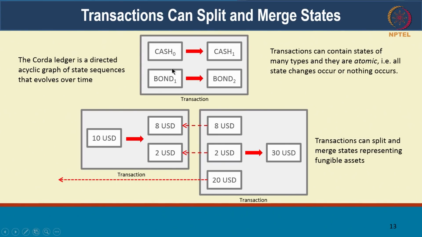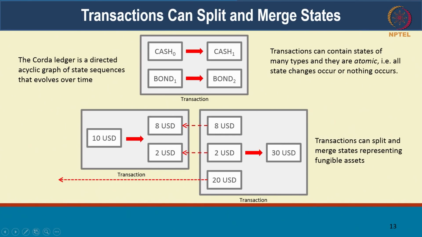Now transactions can split and merge states. So note that Corda does not have an inherent cryptocurrency, but you can model cash or bonds or other financial instruments as states. So the cash itself can be modeled as a state, and it can map from, let's say, one cash state to another cash state. So cash can go from cash 0 to cash 1 in exchange for, let's say, a bond, which goes from bond 1 to bond 2. So these are captured.